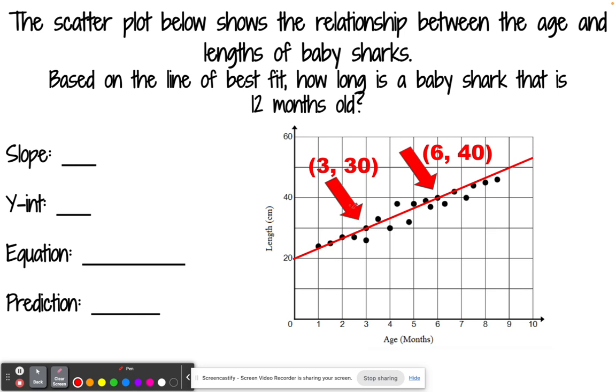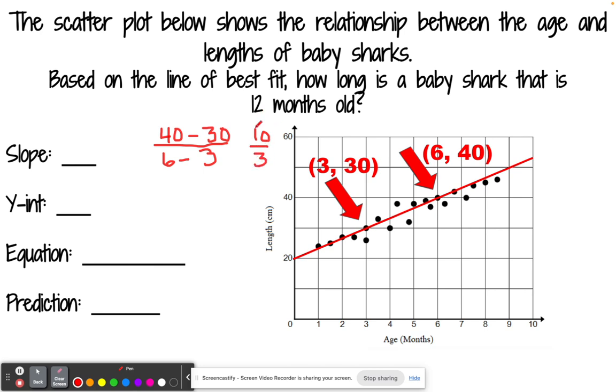My slope, y minus y. I start with my 40, y1 minus y2 over x1, 6, minus 3. That will equal 10 over 3. What does that mean?